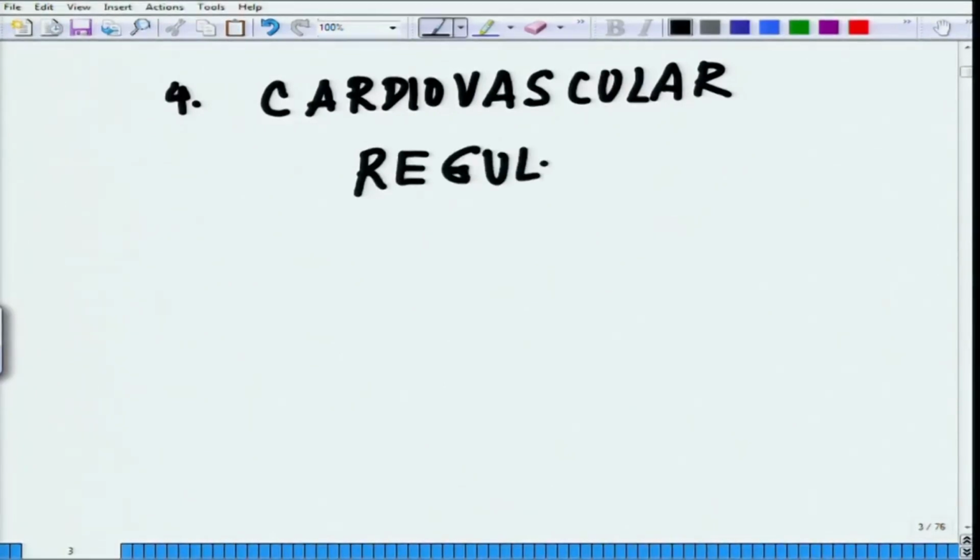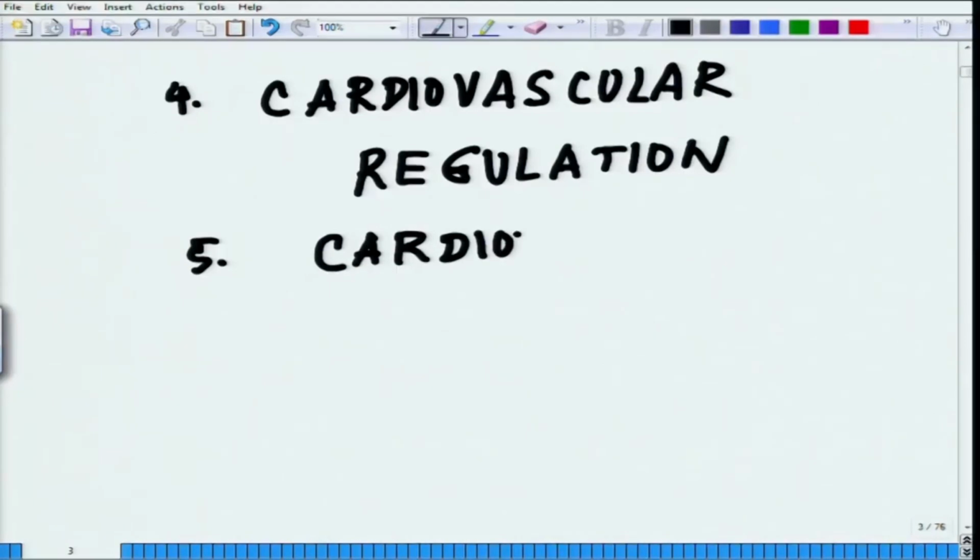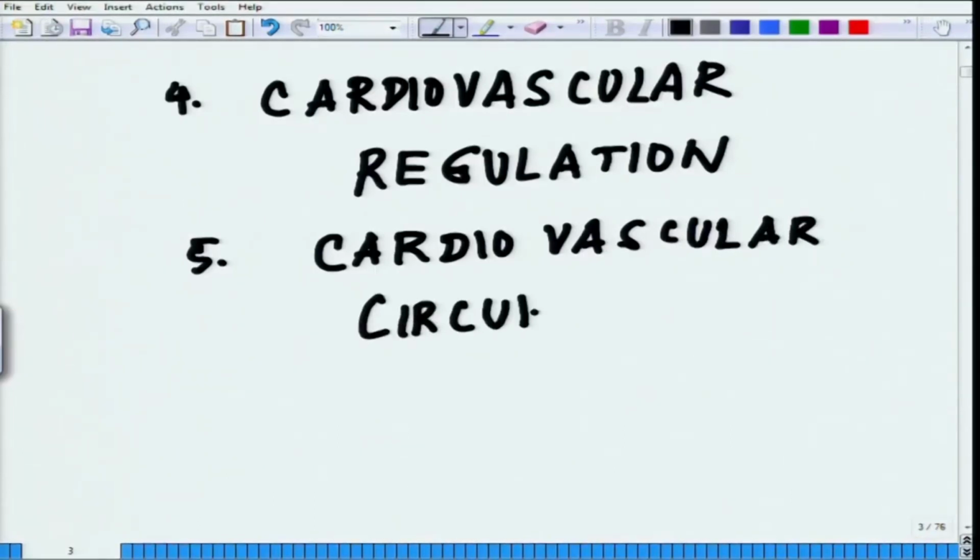And then, very briefly, we will be talking about the different cardiovascular circuits, and in those we will be talking about 3 different circuits.